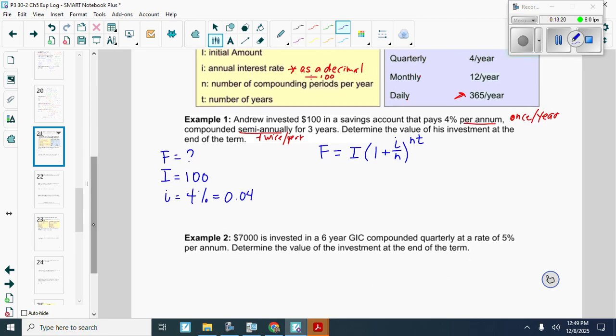Okay, so we want it as a decimal. Okay, N is what? Pretty sure semi-annually, twice a year for 3 years. Okay, so semi-annually, so it's the compounding period, so N is 2, and T is 3.